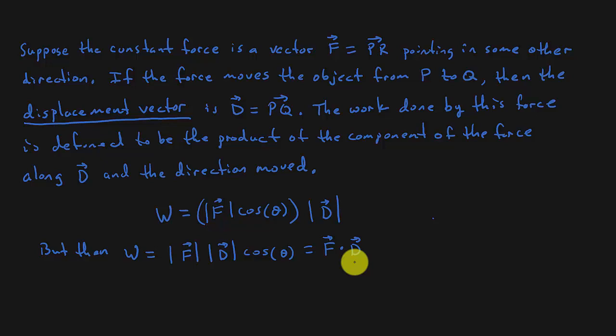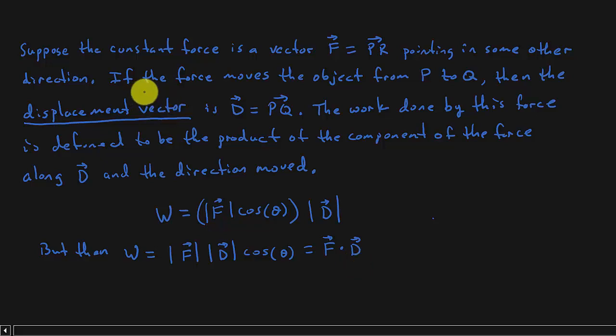But this only applies when the force is directed along the line of motion of the object. So the force was going along that line of motion. All right, but here, notice what it says.